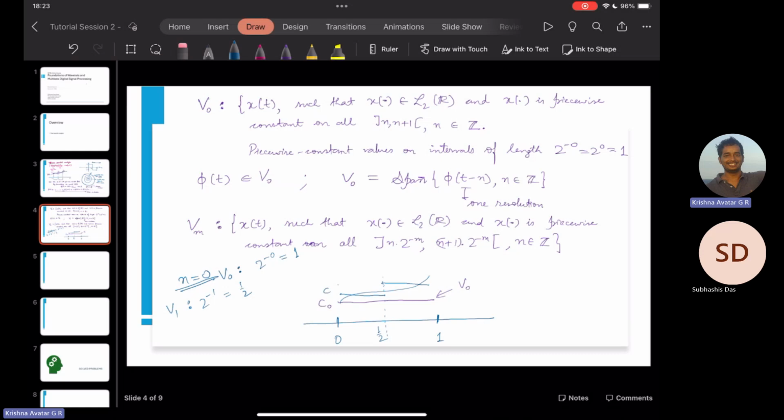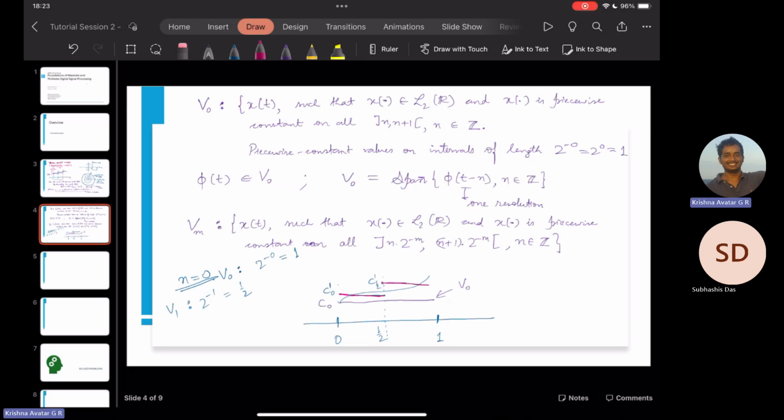I'll call this C1 naught, and let's call this C1 half. You see this signal, and maybe I should use a strong color here, this color.